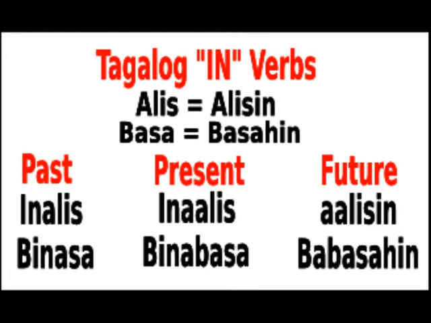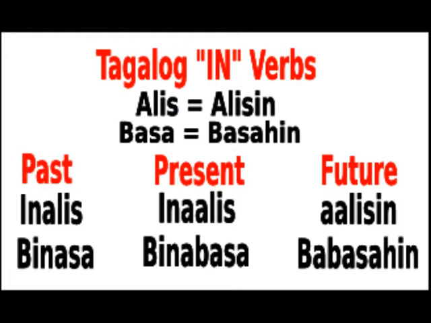2. In irregular verb formations. 1. After verb roots with an end syllable stress, the final vowel is omitted before adding the suffix hin. Bili becomes bilhin, dala becomes dalhin. 2.